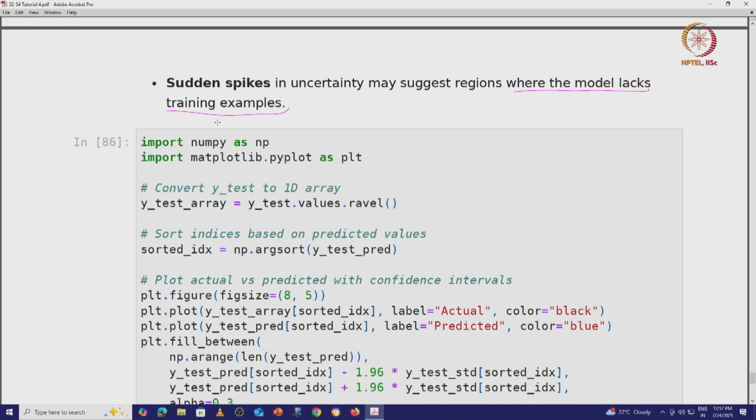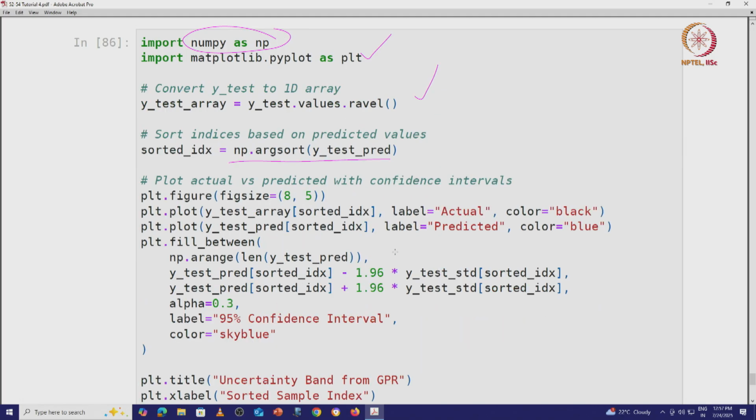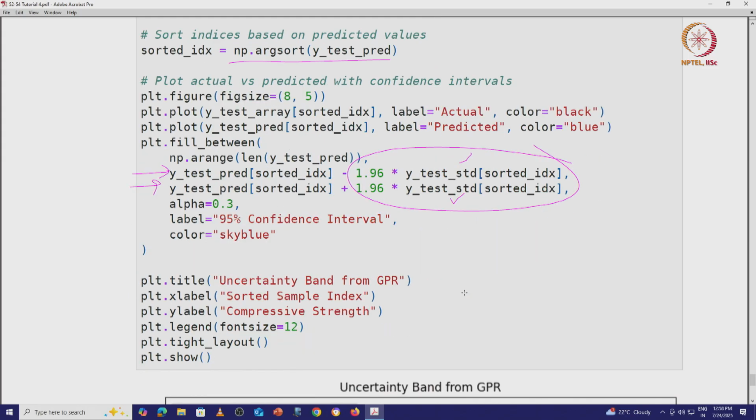Alright, so for this we will need NumPy, and we also need pyplot from Matplotlib as always. These are the test values, and then we are sorting them based on the predicted values, and then we are providing this confidence interval: the predicted value minus 1.96 times the standard deviation, and plus 1.96 times the standard deviation.